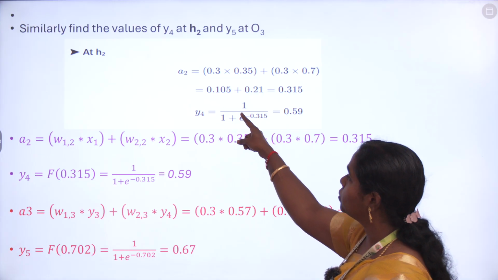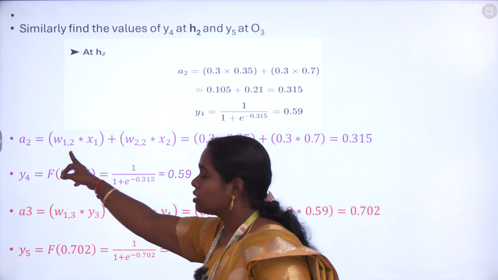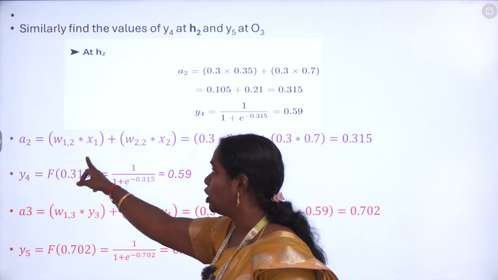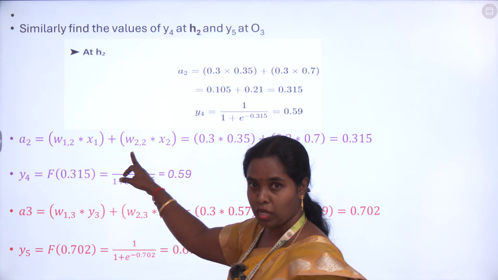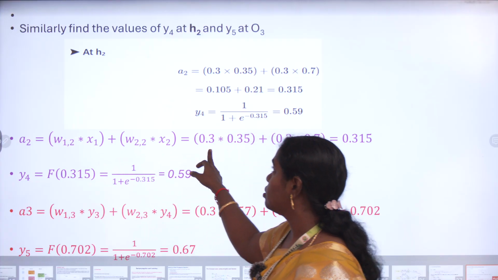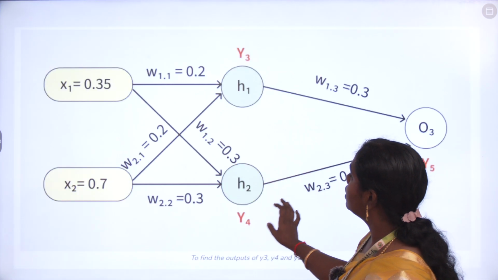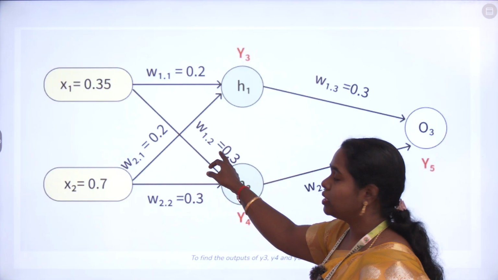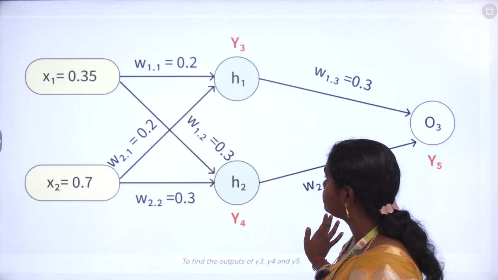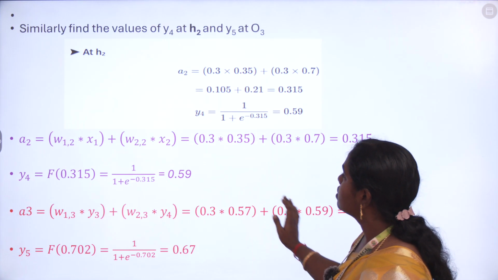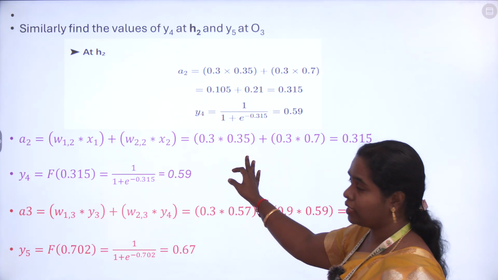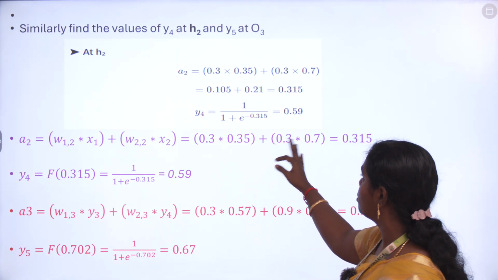So H2 is equal to A2. A2 is weight of 1,2 into X1 plus weight of 2,2 into X2. From the previous slide, W1,2 is 0.3. So 0.3 into 0.35 plus 0.3 into 0.7.